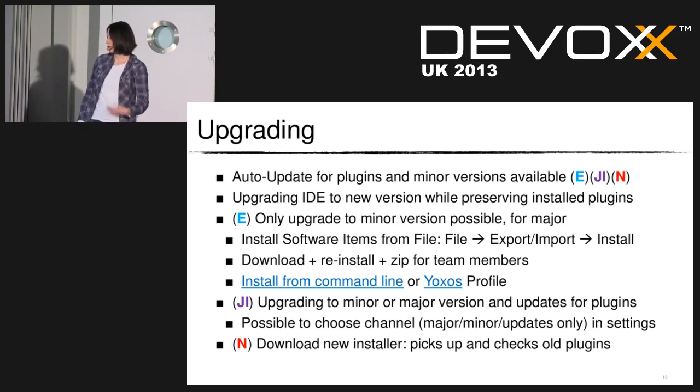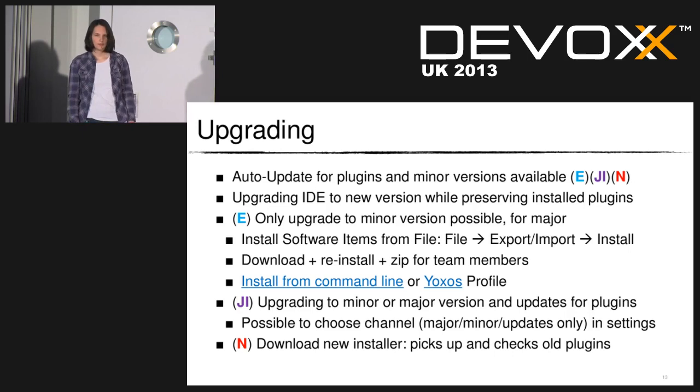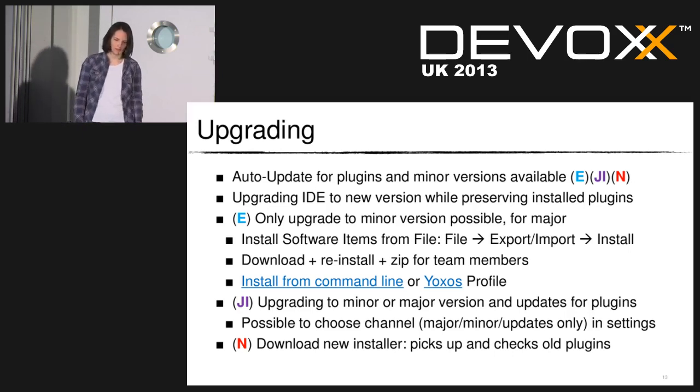If you want to go to a major version, you might want to export all your plugin settings first, so you can do it in the menu with File, Export, Install, and then you just download the new version and import all the installed plugins again, and probably zip it for team members, so they don't have to do the same process again.